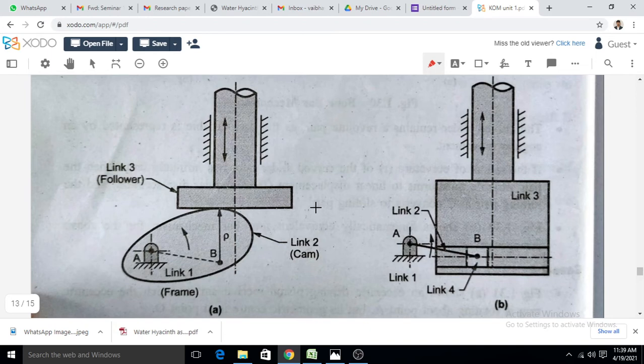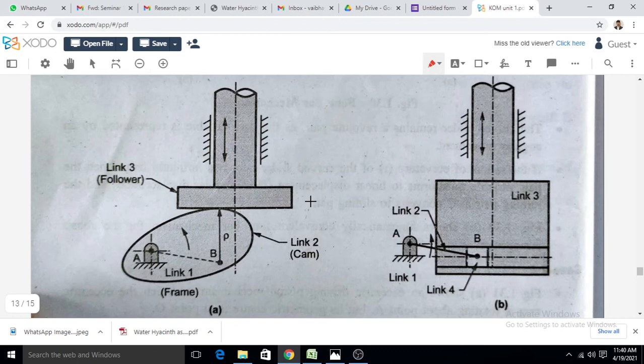Before going to compare these two linkages, we all know that when we discuss the higher pair, what is meant by higher pair? When two links are connected together and they have a point or a line contact, then such a pair is called a higher pair.